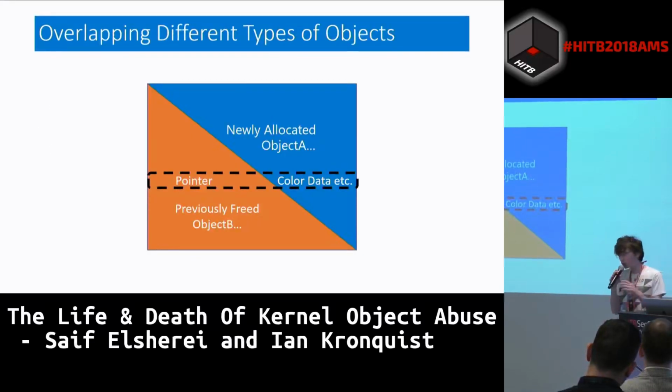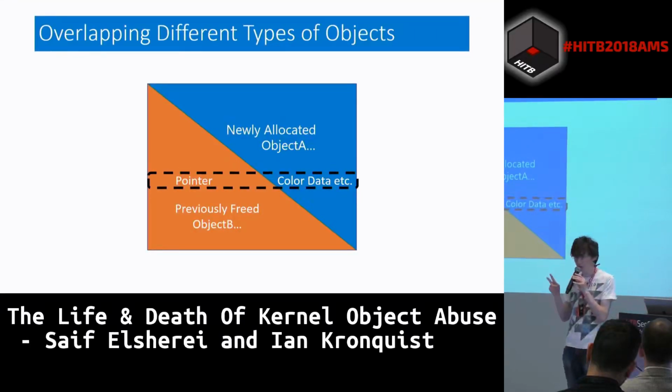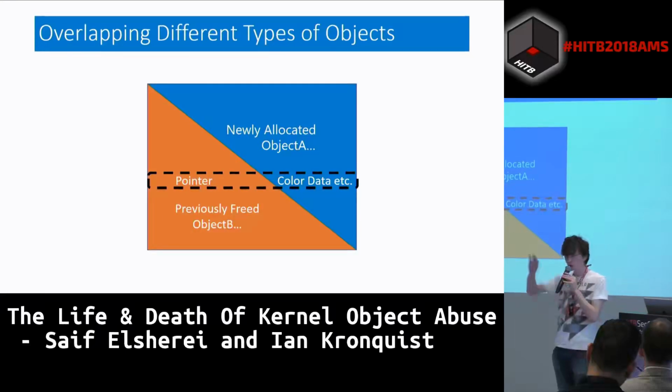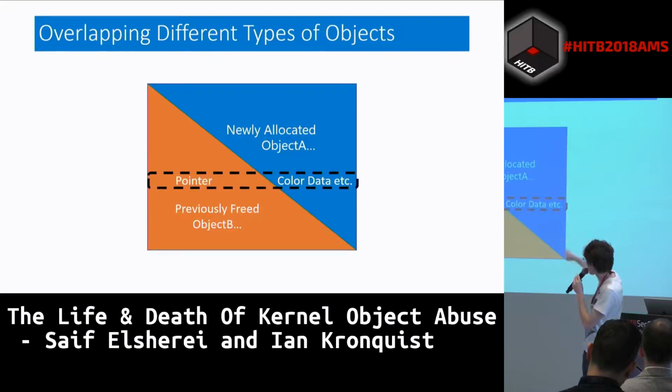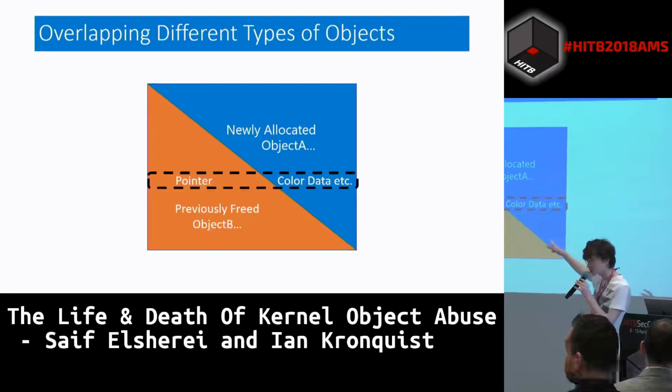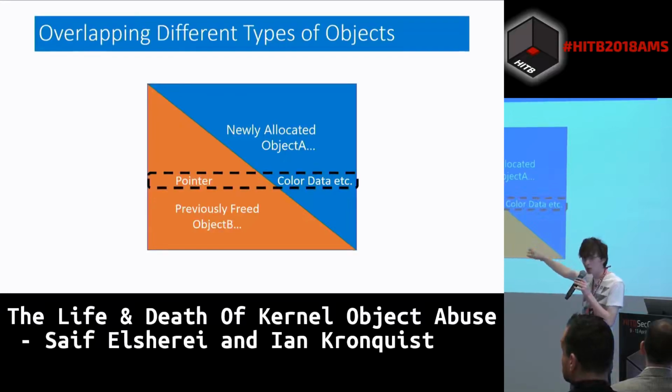So what we've decided is there's two things we have to protect against. The first is you've got two different types of objects. That blue guy up there, that orange guy, object A, object B, maybe one's a palette, maybe one's a window. And you've got some pointers in object B, and some color data for the GDI subsystem, which the user in their application can change, whatever color to make the screen blue or orange or whatever.